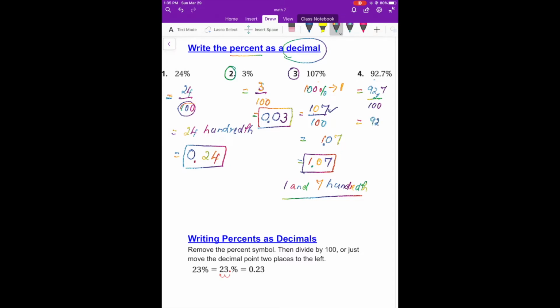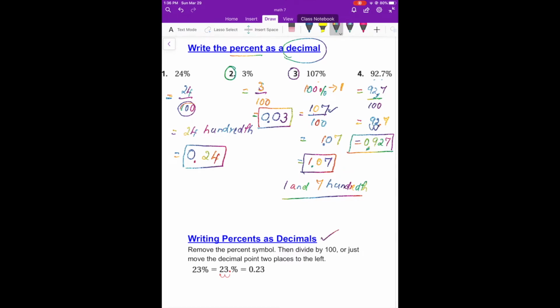So 92.7, you move this decimal twice to the left. So that means 0.927, or in other words, it's 927 thousandths, because there was a tenth already in the given number, because it's 92 and 7/10%. So that makes thousandths, so 0.927.